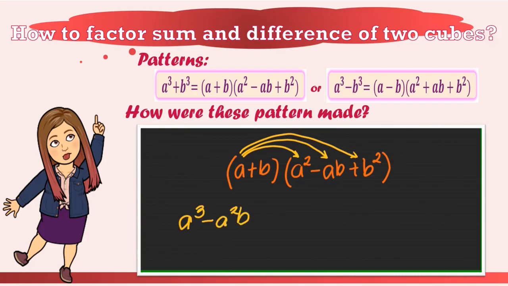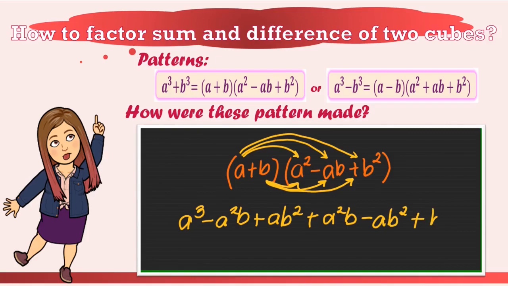A times b squared is positive ab squared. Then let's try multiplying this b to each term of the second factor. We have b times a squared is positive a squared b. B times negative ab is negative ab squared. And b times b squared is positive b cubed.